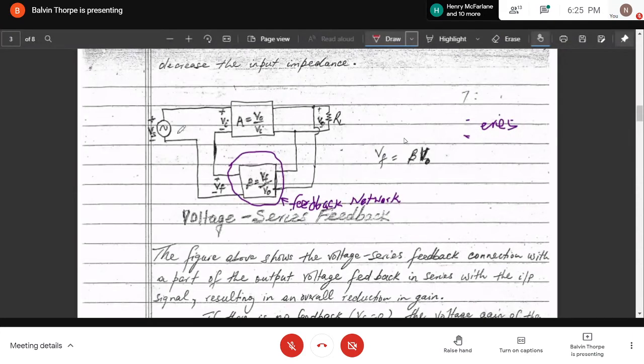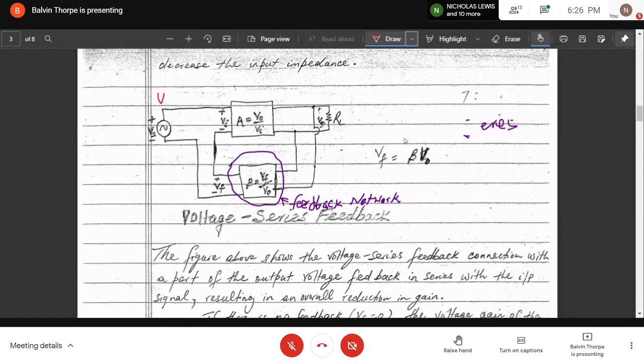So with negative feedback, we're supposed to get a reduction in the overall gain of the network. All right, so let's look at what's happening here now, ladies and gentlemen.